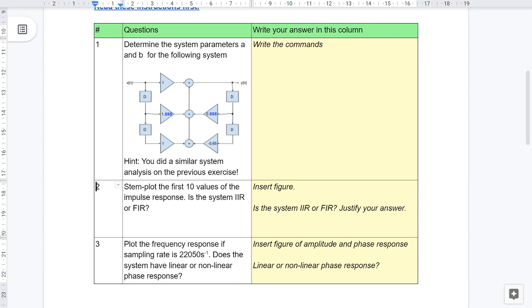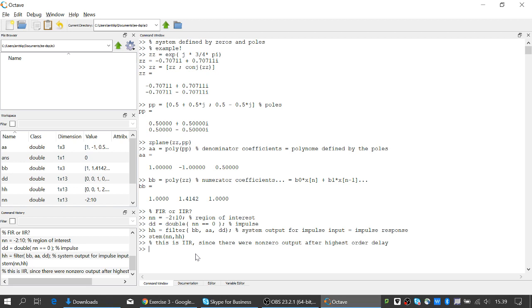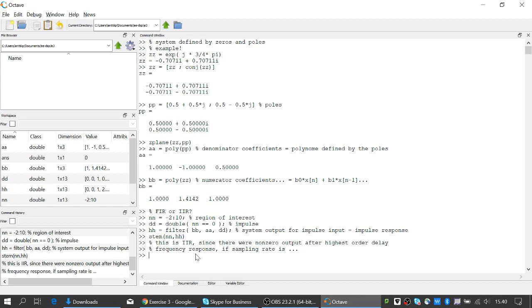Frequency response for a given sampling rate. Okay, let's take a look. Frequency response if the sampling rate is, for fun, I will mark it as a sampling rate of 2000 Hertz.